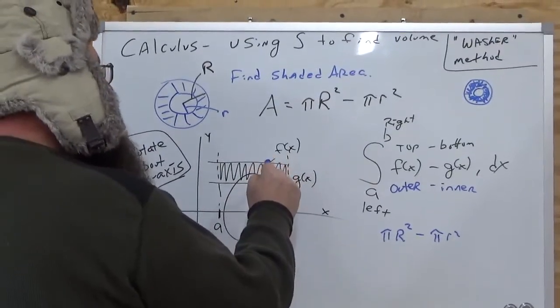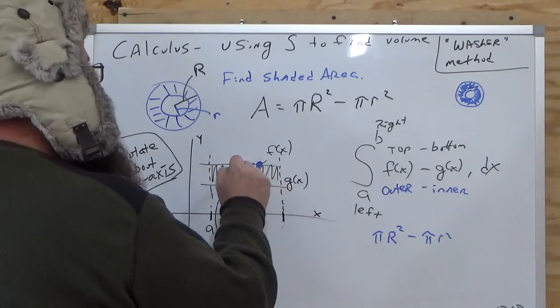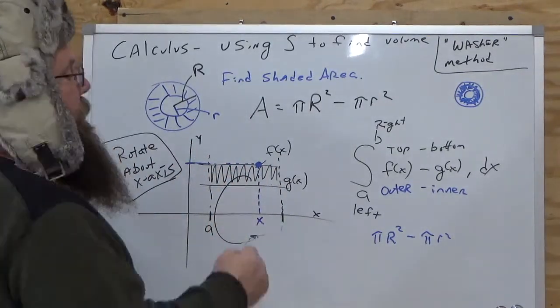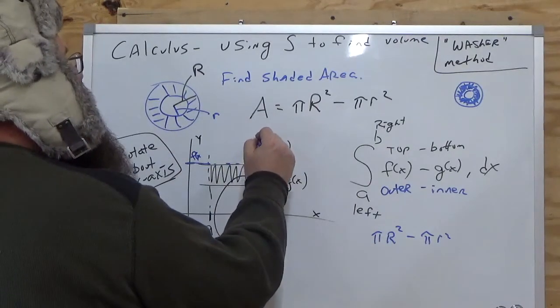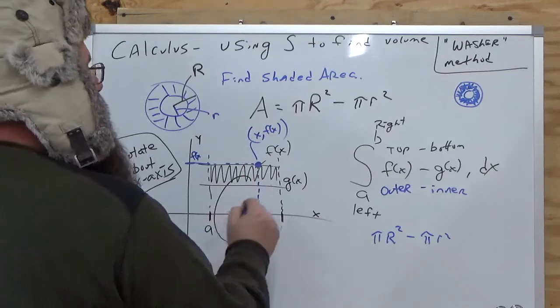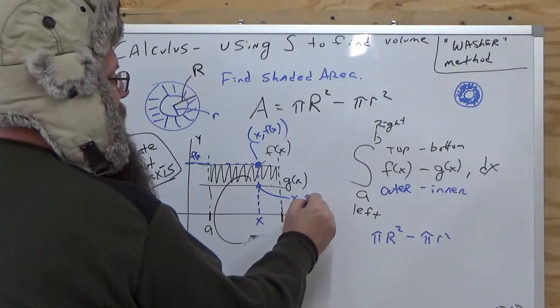If I bring that point down here, that would be x. If I bring that point over here, well, yeah, it's y, but since we're talking about it as f of x, that would be f of x, right? So that coordinate would be x comma f of x. The same thing here. This would be x comma g of x.